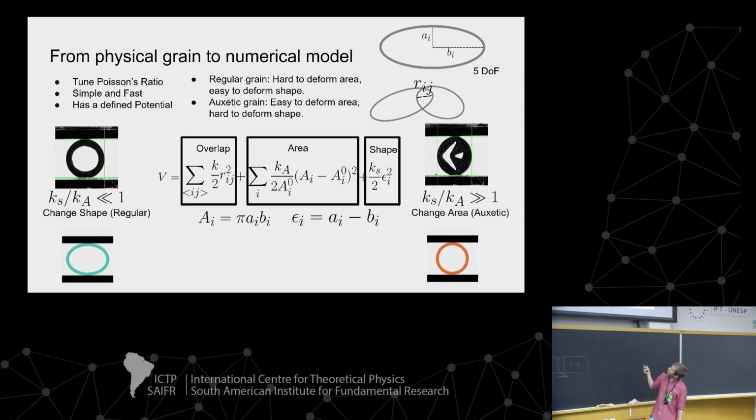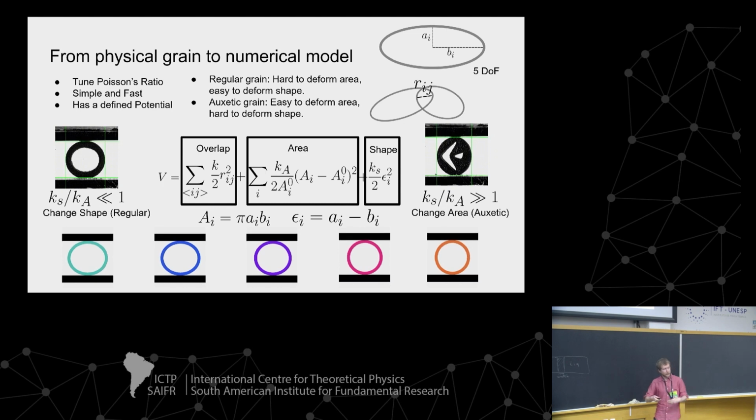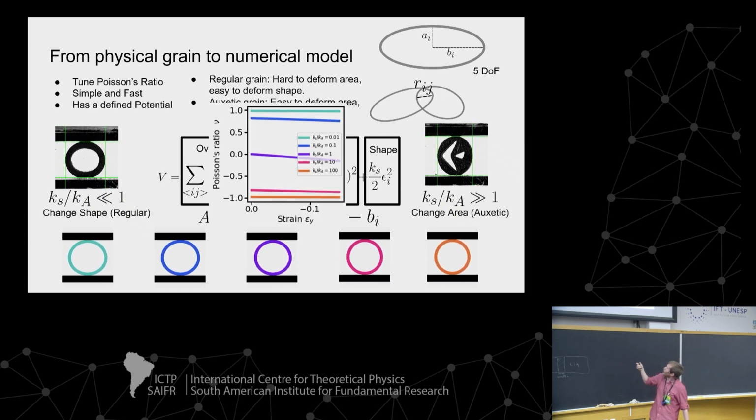So effectively, we are controlling the Poisson ratio of the particles. And we can get all the range in between of different particles with this really simple model. And we even tested it for different ratios of Ks and Ka. I showed that we got different values for the Poisson ratio, and we can control the Poisson ratio that we get.